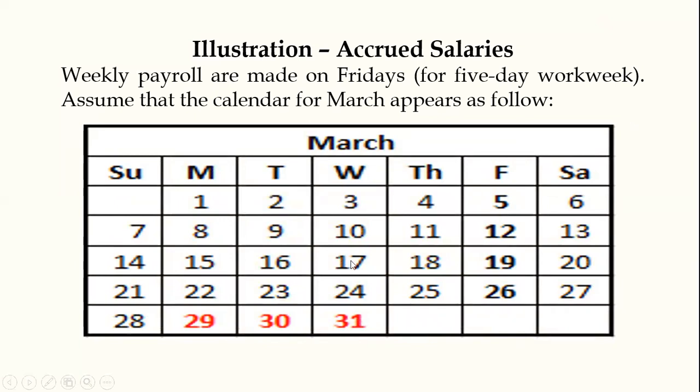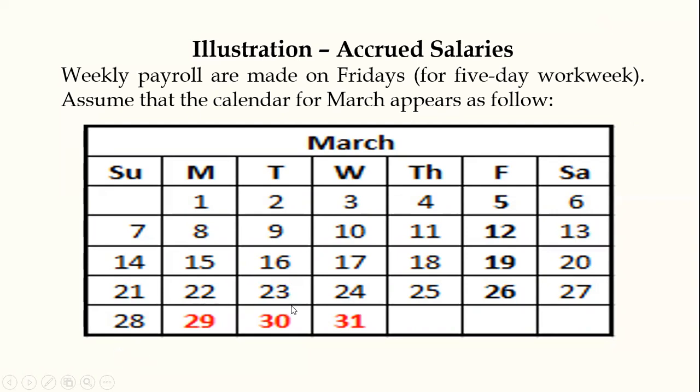Yung itatrabaho ng Monday, Tuesday, Wednesday, Thursday, and Friday, babayaran yan ng hapon ng Friday. Pag umuwi ng hapon ng Friday, may sweldo ka na. Okay? And then, tinrabaho 8, 9, 10, 11, 12. Sa 12 ng hapon, ay mayroon ka nang tatanggaping sweldo. Nagtrabaho ka ng 15, 16, 17, 18, 19, sa hapon ng 19, bago ka umuwi, mayroon kang sweldo.